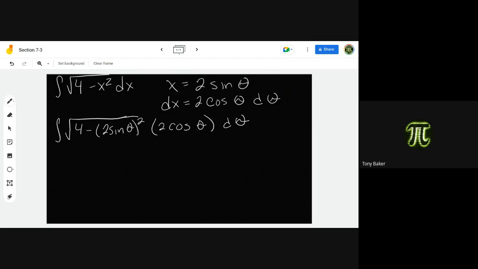All right, let's clean up this square root. This now becomes 4 minus 4 sine squared theta. I'm just going to deal with the square root for a second, and we'll deal with the rest of the stuff in a minute. 4 times 1 minus sine squared theta.